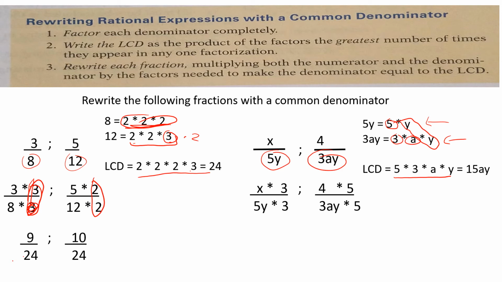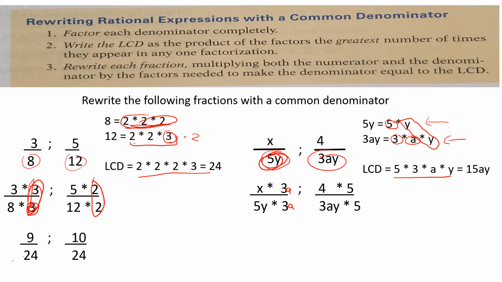So here we have 5 and a y on this one. On this bottom one, we have 5y. So what is missing is a 3 and an a. All right, and then this one has 3ay.